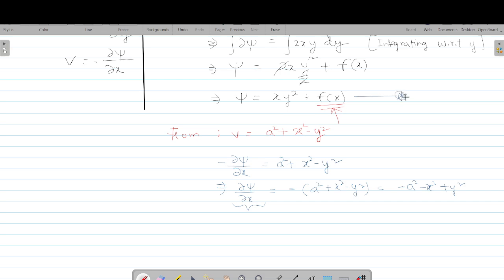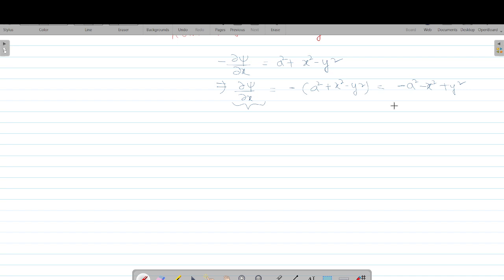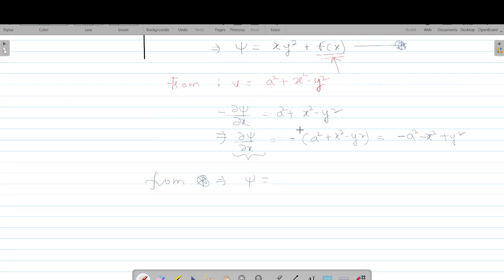You can say this is my star, and from star, psi was equal to xy square plus a function of x, right? If I differentiate this with respect to x, what I get is d psi by dx, and it will be equal to y square plus, from further differentiation, f prime x.